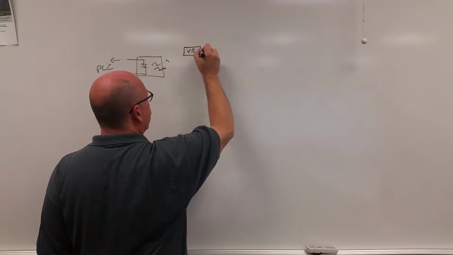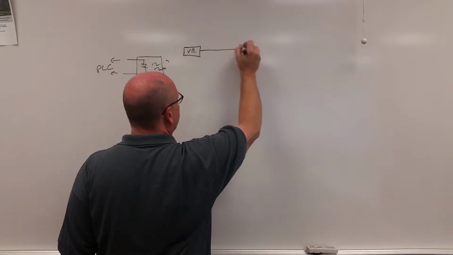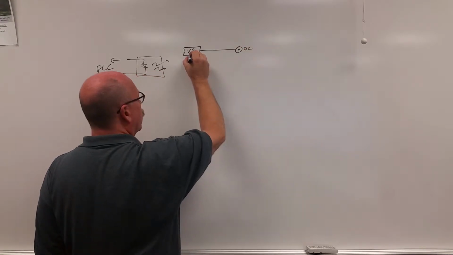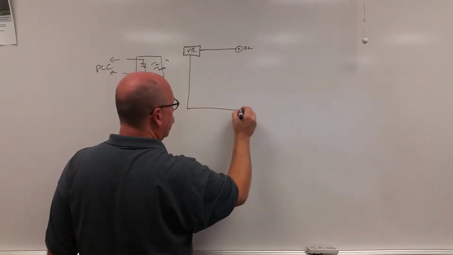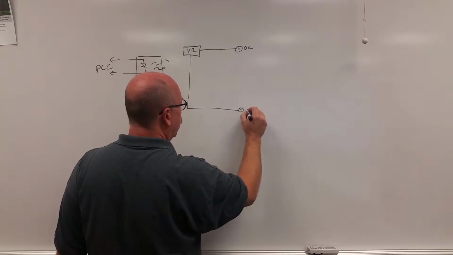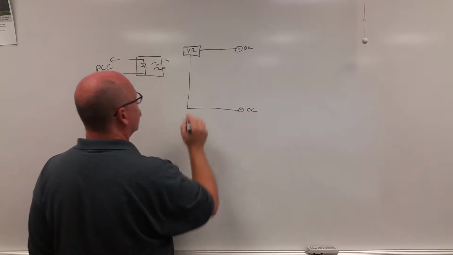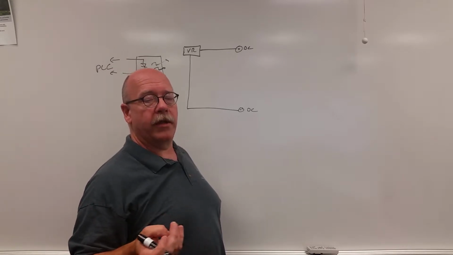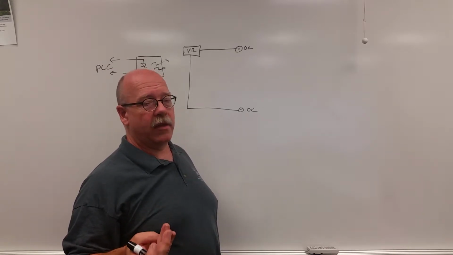There's a voltage regulator, which goes to a plus DC bus, and in addition, a minus DC bus. After this, the output method they choose to use is a FET style output.